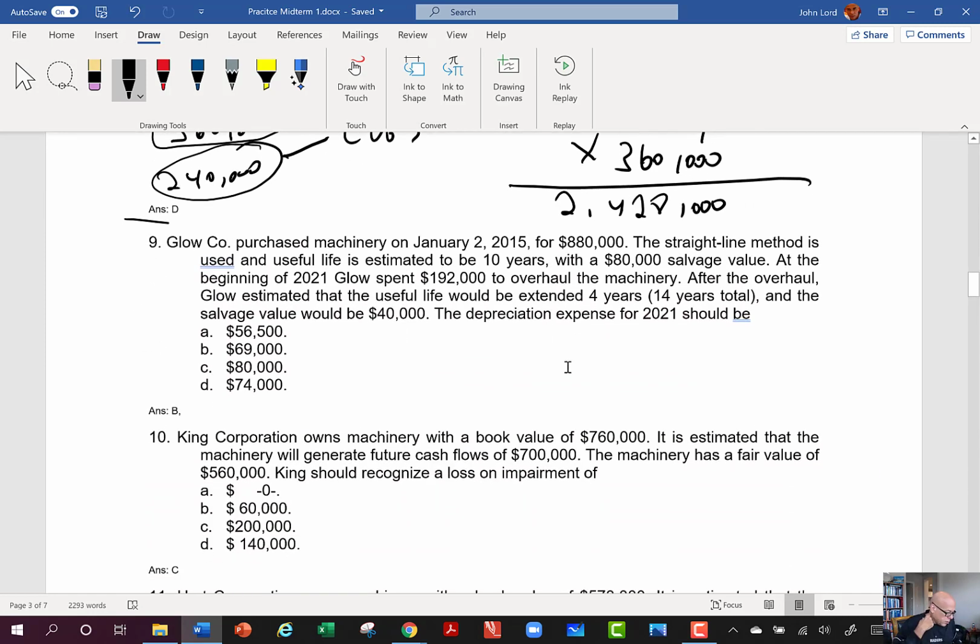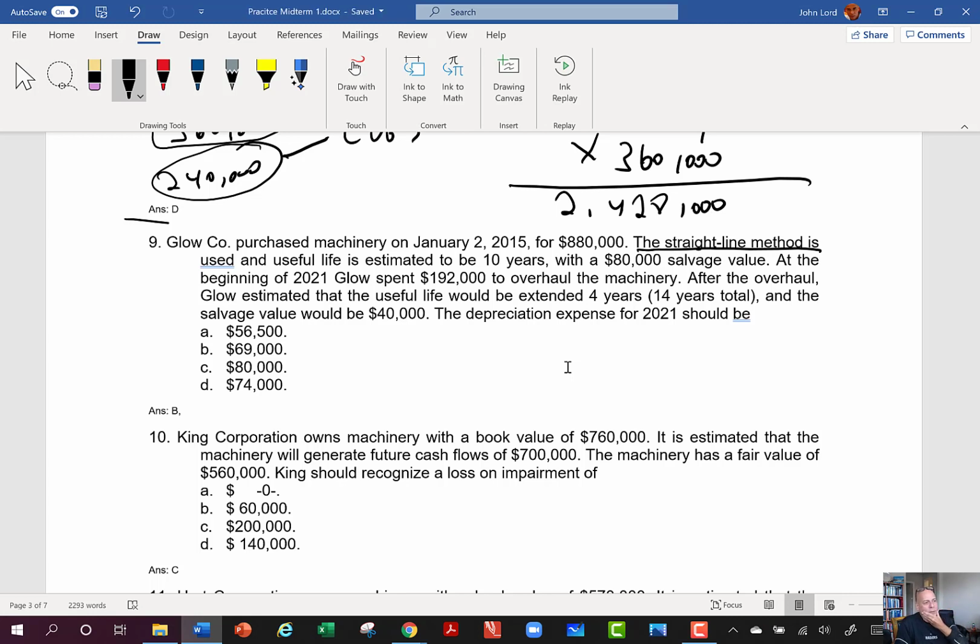Okay, let's start to take a look at some potential depreciation questions. When you look at this question, notice they're telling us straight line. I might ask you just a quick, easy straight line question, but you're getting past that stage in the development of your understanding of accounting.